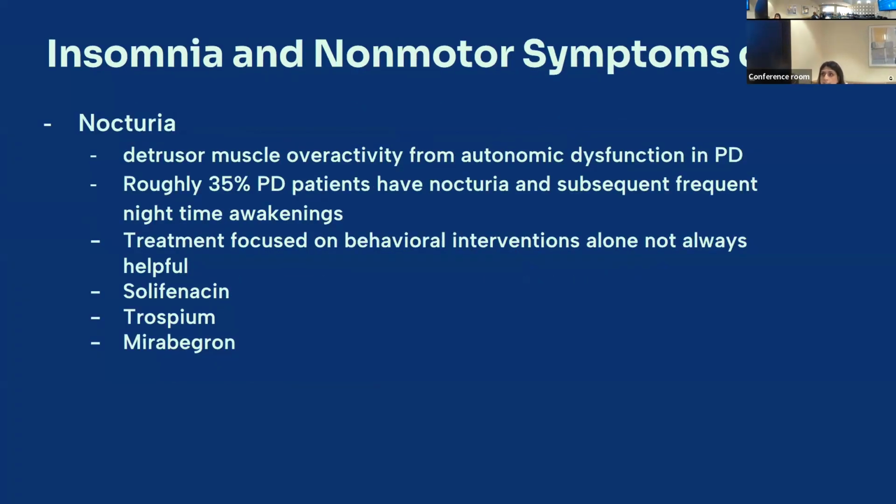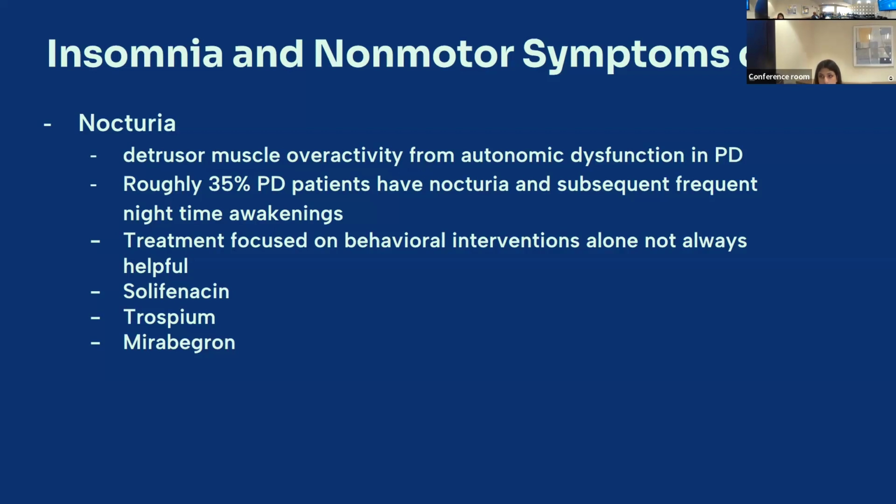And then looking at insomnia and non-motor symptoms of Parkinson's, the big one is nocturia. So detrusor muscle overactivity from autonomic dysfunction. Roughly 35% of patients have nocturia and subsequent frequent nighttime awakenings. Treatment focused on behavioral interventions is something you can start with, but it doesn't always help.